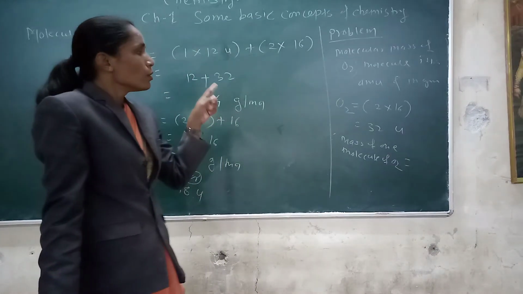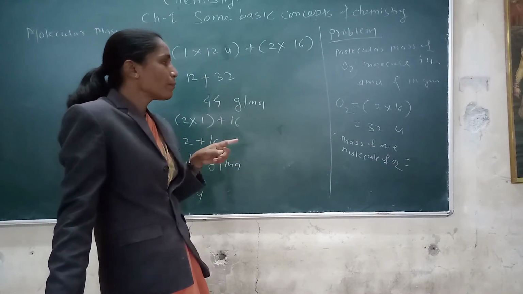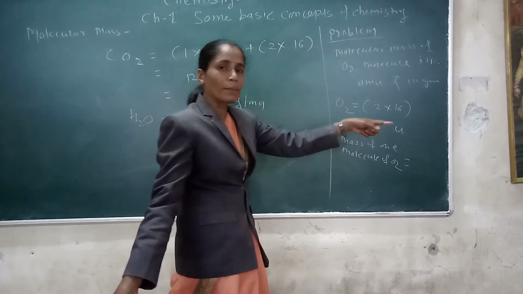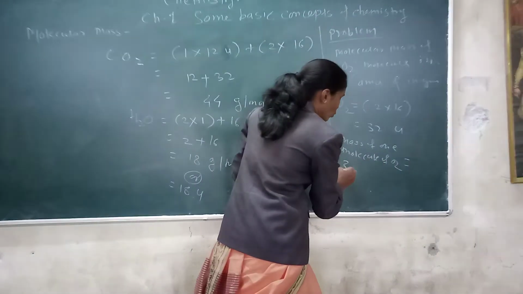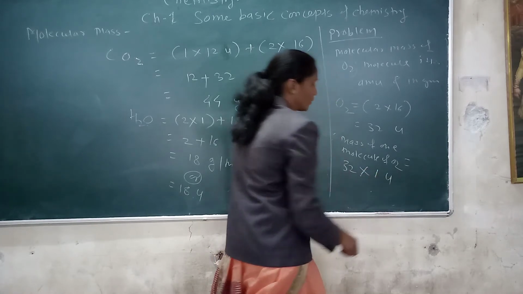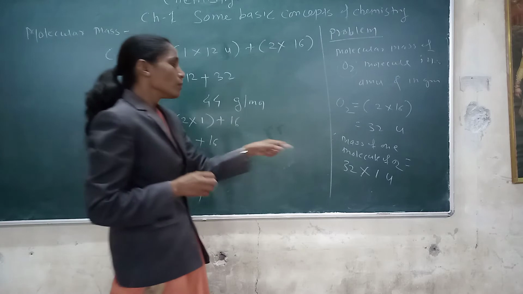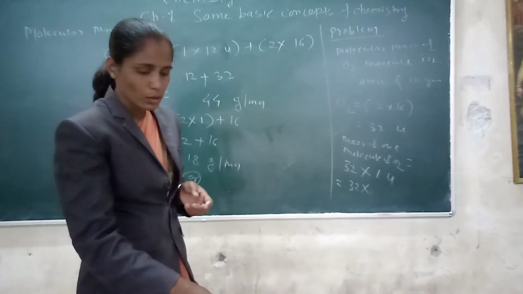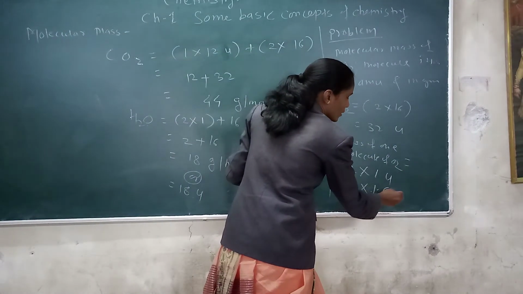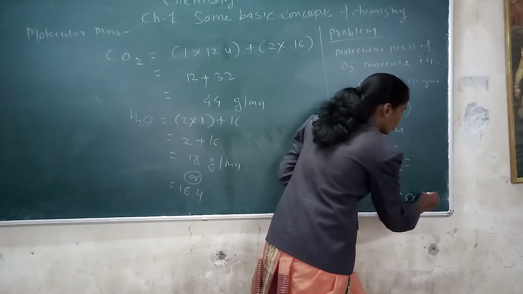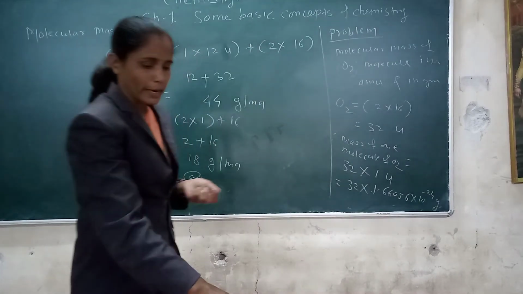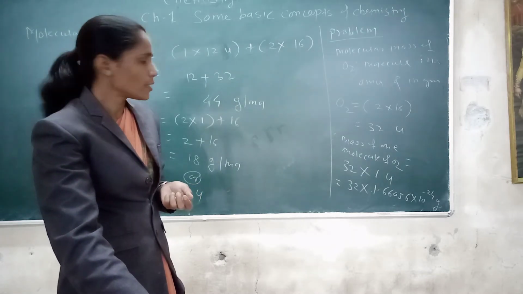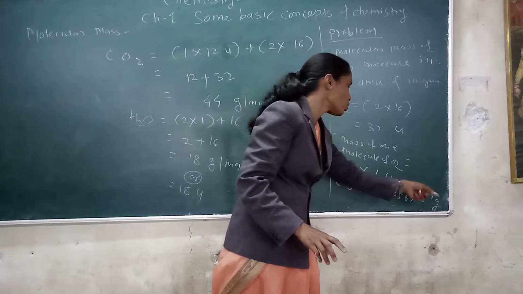When unit gets converted into gram, the molar mass is multiplied by 1 atomic mass unit, that is 32 into 1 atomic mass unit. 1 atomic mass unit has the value 1.66056 into 10 raised to minus 24 gram.